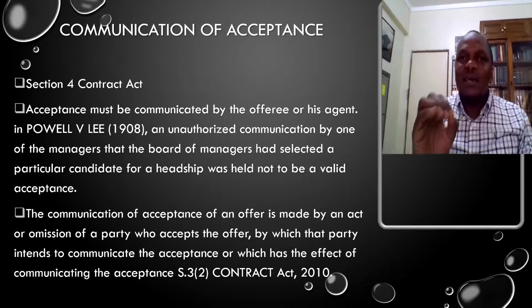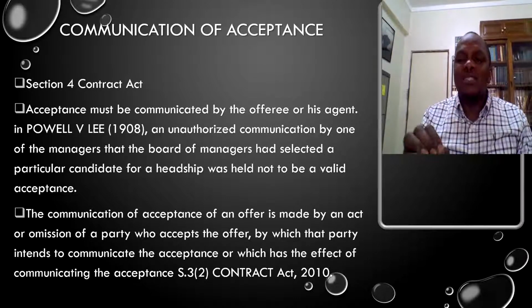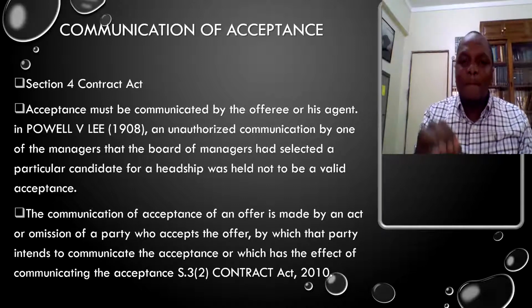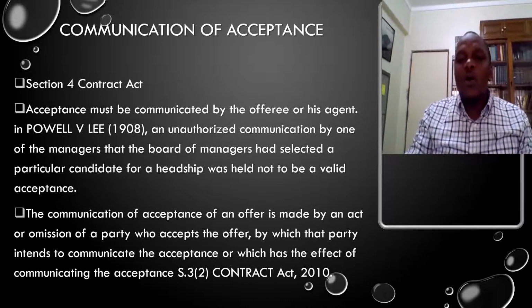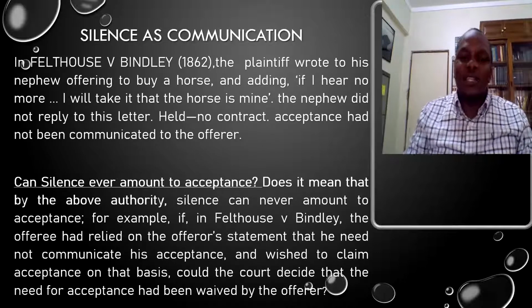So the key point to take home is that the communication of acceptance must be done by either the offeree or his or her agent.